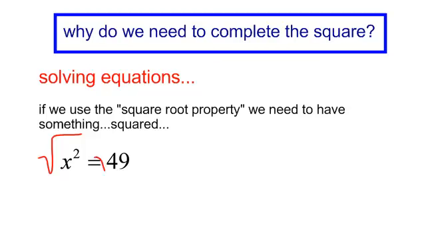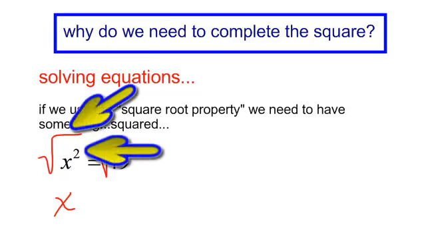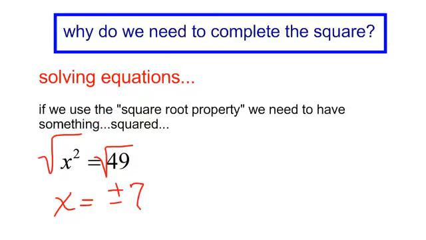You would take the square root of both sides. The square root of x squared is just plain old x. See, the square root and the squared cancel each other out. And that would be what? You've got it. Don't forget that plus or minus 7. But I have to have something squared in order to use the square root property.